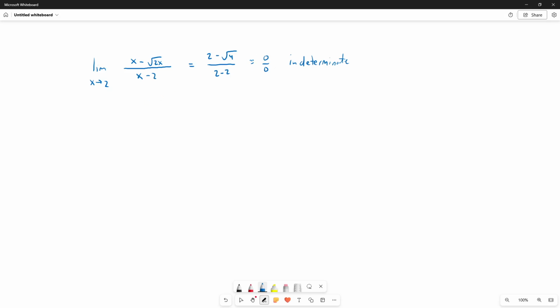So we have to figure out some way to circumvent this situation, and in the case of working with radical expressions like the square root of 2x, we want to use what's called the conjugate radical.